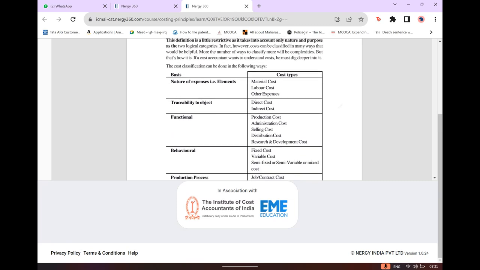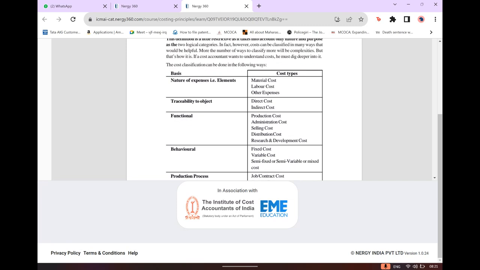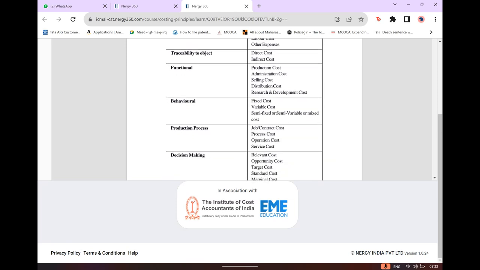Then functional classification, or based on the function. It can be production cost, administration cost, selling cost, distribution cost, or research, and so on. The functions of the management, what they perform, will be the functional classification.